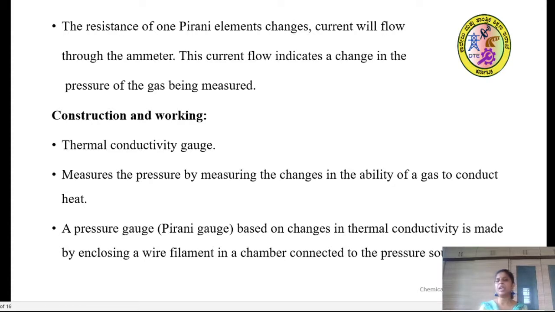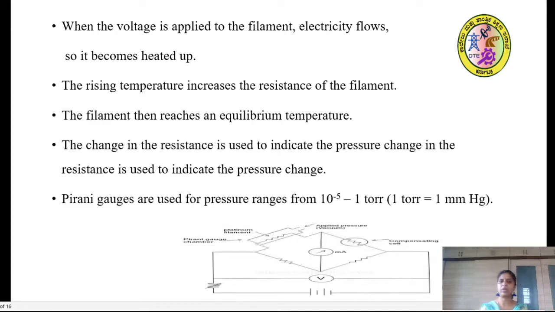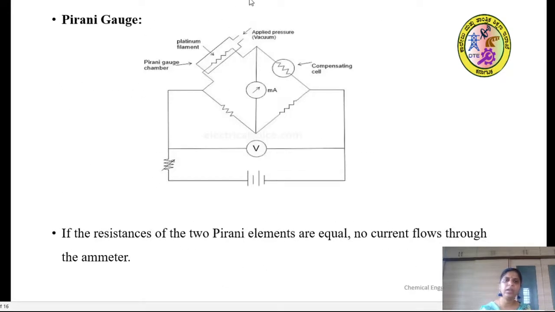So the basic principle of the Pirani gauge is based on the changes in the thermal conductivity. How do we measure the changes in thermal conductivity? By enclosing the wire filament, which is usually made up of platinum, in a chamber connected to the pressure source. So this is the basic principle. You can see here, this is the platinum element, and the applied pressure which you want to measure.